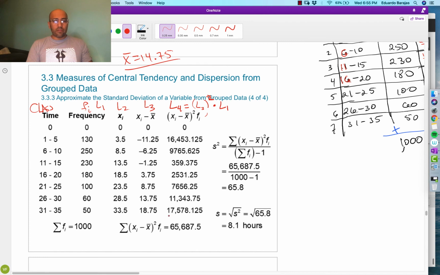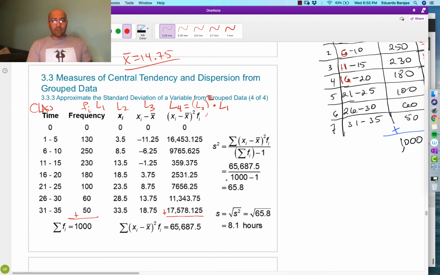So the sum of all of these added together, that's when we did the one variable stat. That's equal to this, the 65,687. And then the sum of all of these frequencies, that was the 1,000. Good. And now we do this number divided by 1,000 minus 1.